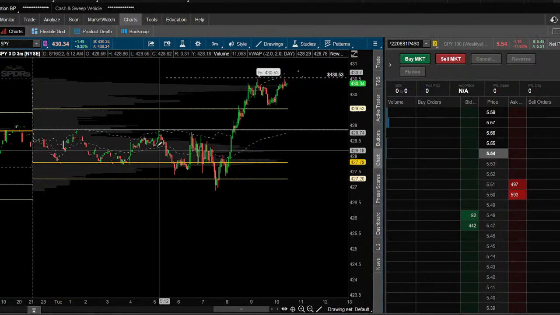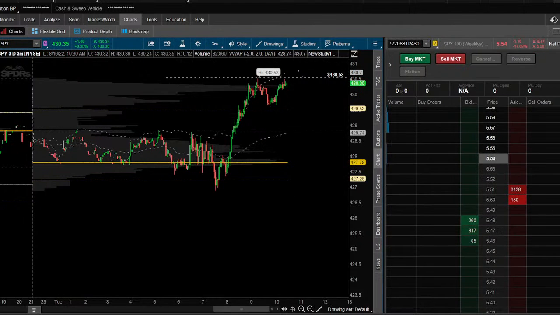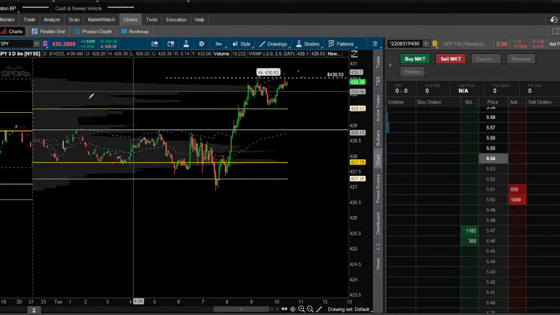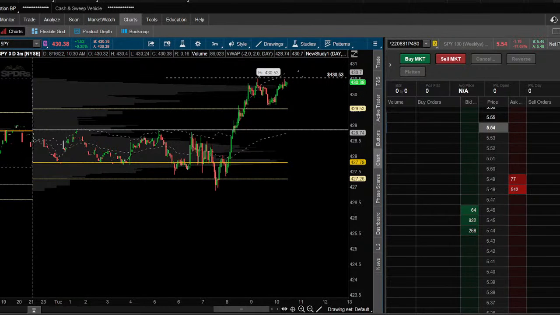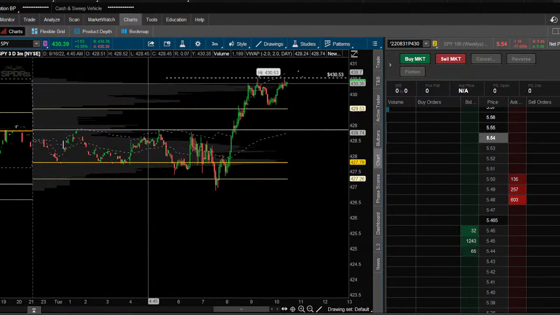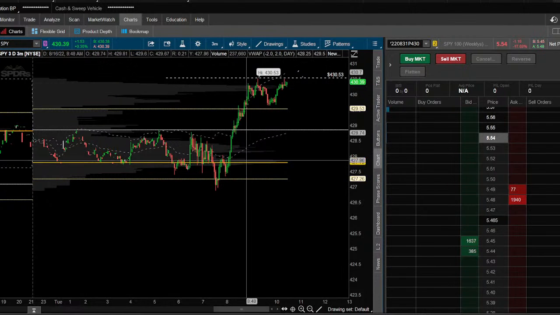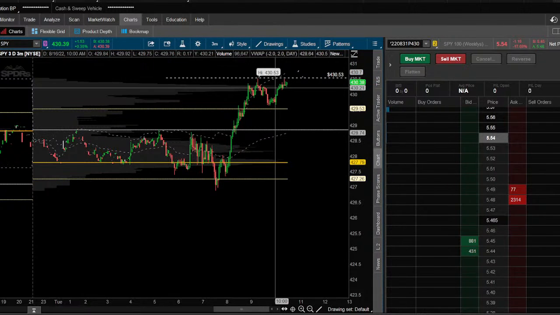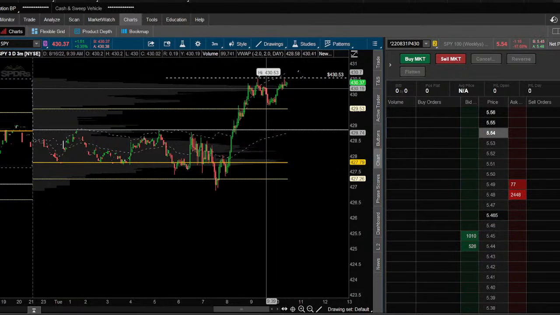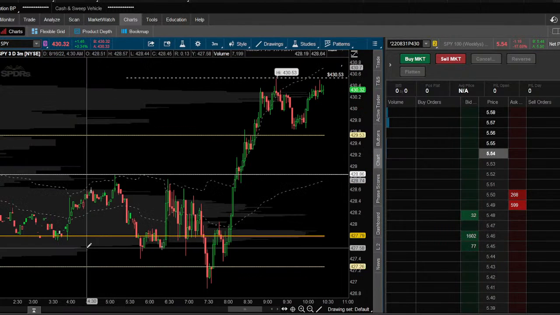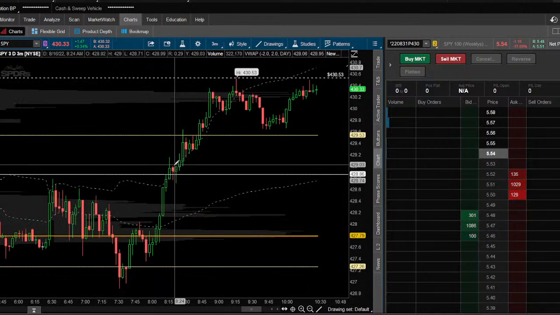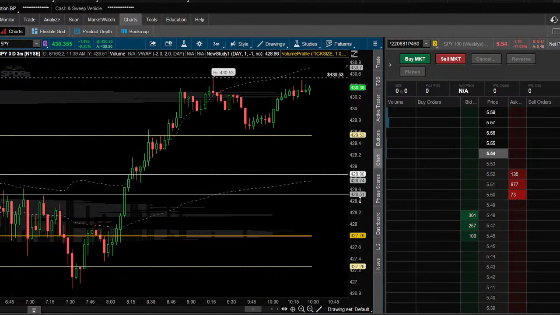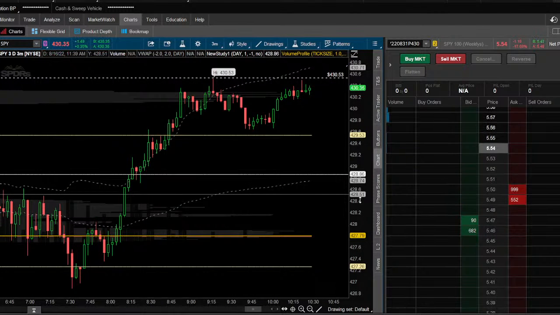You see how the volume profile, I think it might look a bit too dark, but tell me if you guys have trouble looking at the volume profile. There's a volume profile right here, so this could potentially become the point of control now. And the point of control is where the more active, I guess, shares or contracts are being traded.